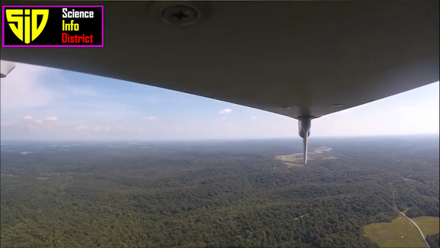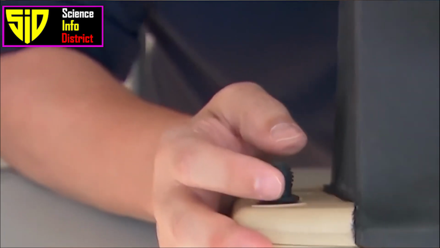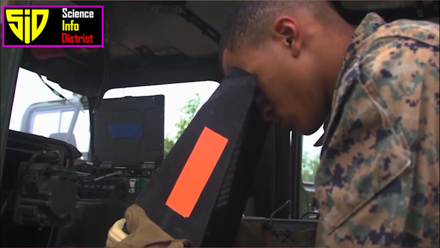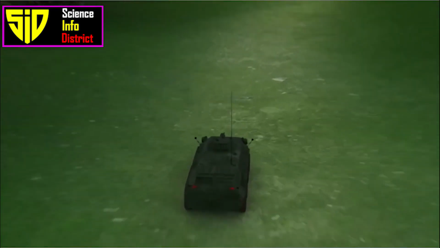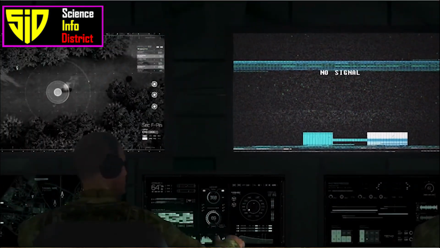By understanding the different types of anti-drone technology and their uses, individuals and organizations can better protect themselves against the potential risks posed by drones.